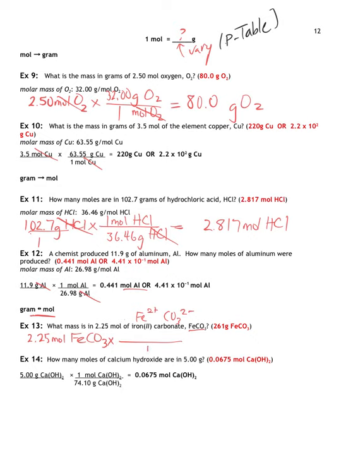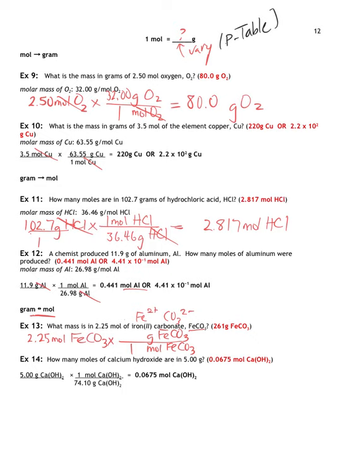Alright, moles goes on the bottom of iron(II) carbonate. Mass goes on the top. In 1 mole, there is a mass of, and I'm going to have to calculate this because you're not given it so easily. Iron is 55.85, and then carbon is 12.01.